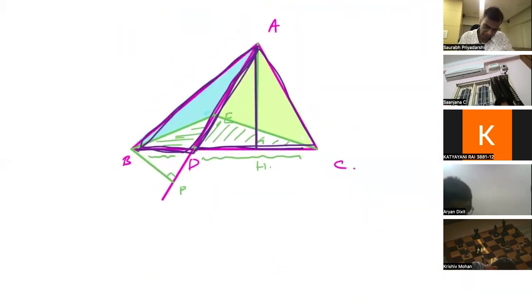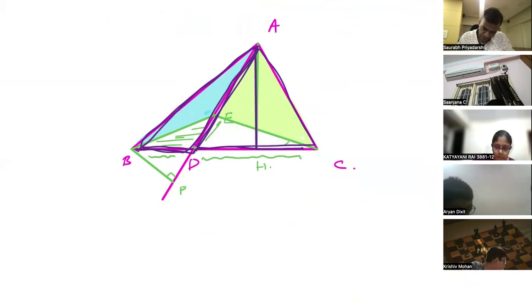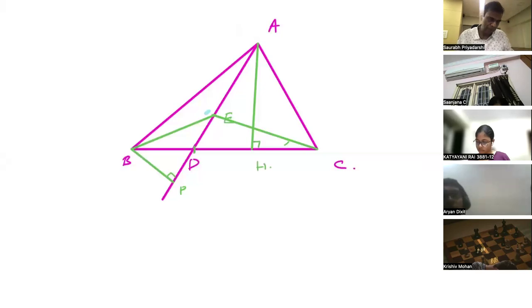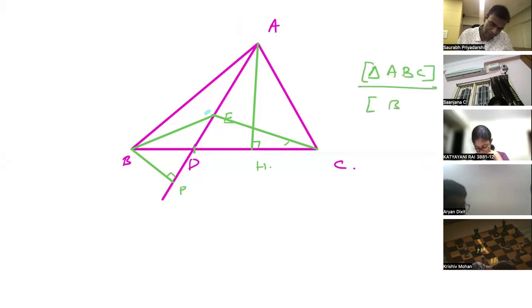Just a minute, I'm just drawing the figure. I'm writing now. Triangle ABC and the ratio BC.